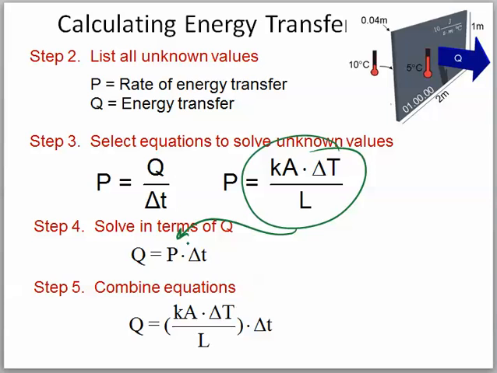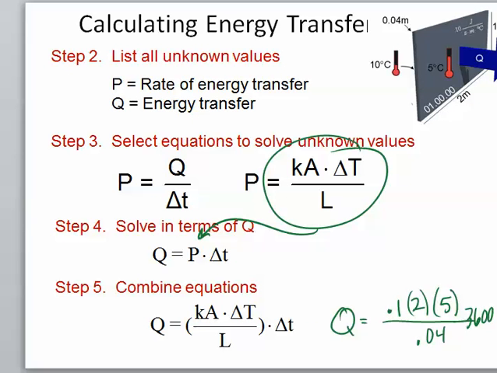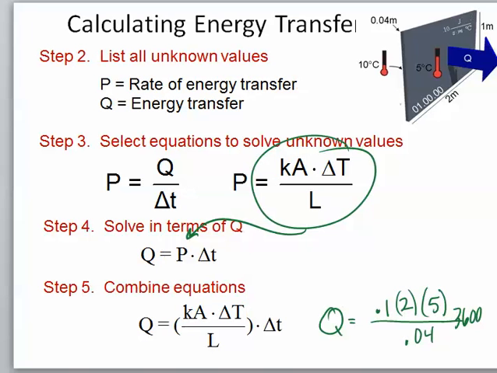Having done that, if we go back and look at our givens now, we can start plugging them in. I'm going to take a second and do that. Okay, what I've done here is taken some time to go ahead and fill in the missing information that we needed. And what I can see then is that the K was 0.1, the area was 2, the change in temperature is 5 degrees, L was 0.04, and the change in time was 3,600 seconds, 1 hour.